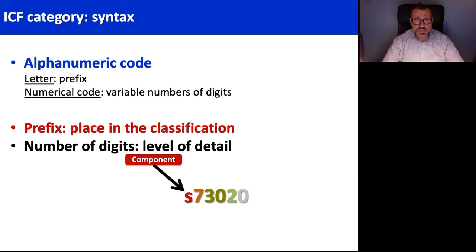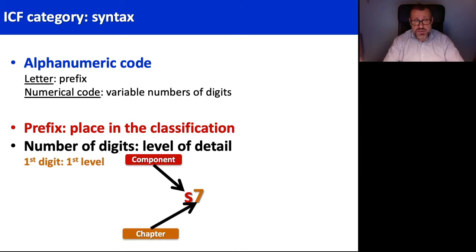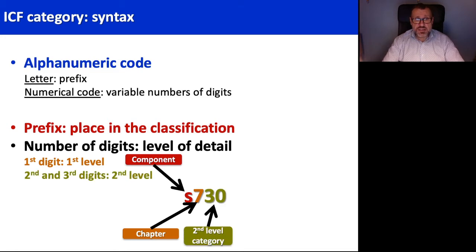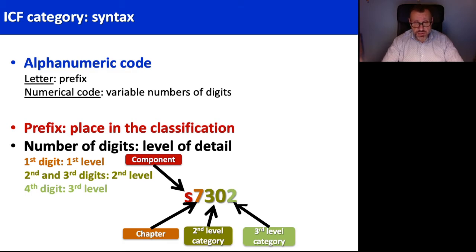The number of digits indicates the level of detail. So 7, the first digit, indicates the first level, so this is chapter 7 of the body structures. 30 indicates the second level category, which is always made by 2 digits. Then we have the third level category, which is indicated by one single digit. And then we have a fourth level, which is represented by another digit.